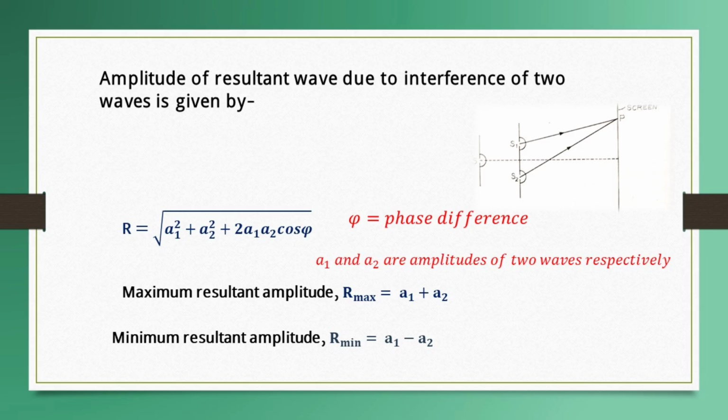If the phase difference phi equal to 0 degree, then the resultant amplitude will be maximum, and this maximum resultant amplitude equal to a1 plus a2. When phi equal to 180 degree, then the resultant amplitude will be minimum, and this minimum resultant amplitude will be a1 minus a2.